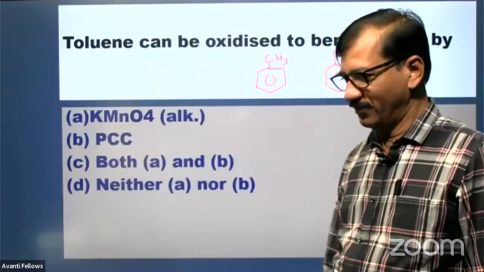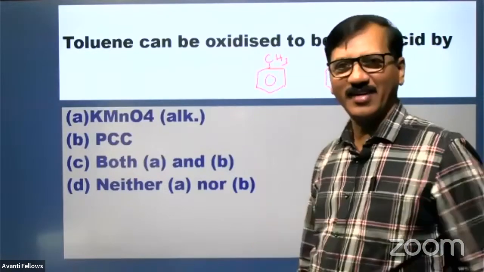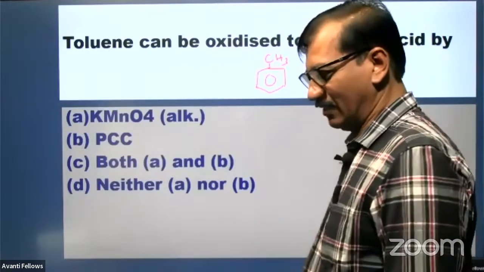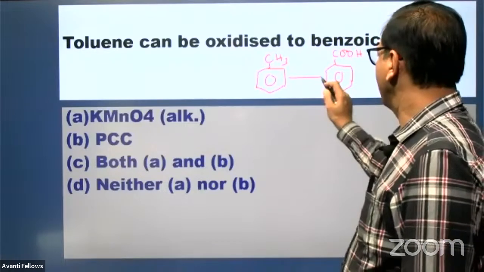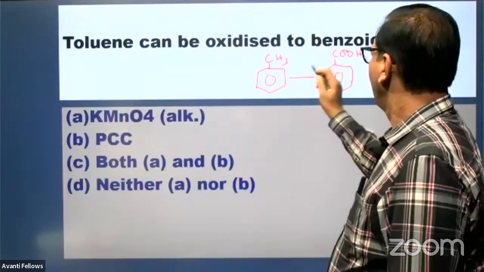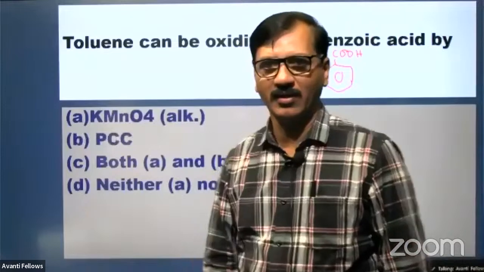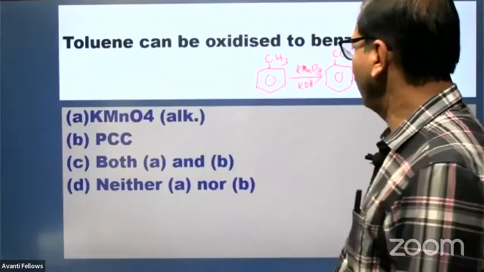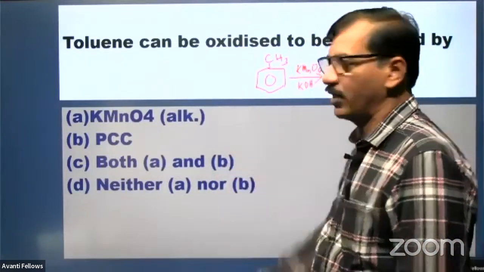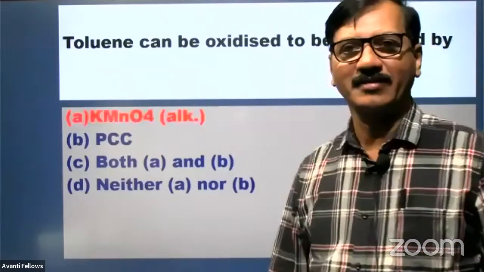Come on. Tired or what? 8 o'clock. This is KMnO4, KOH. It is written in a slightly different way, alkaline KMnO4. KMnO4 KOH will oxidize the benzylic carbon into carboxylic acid.